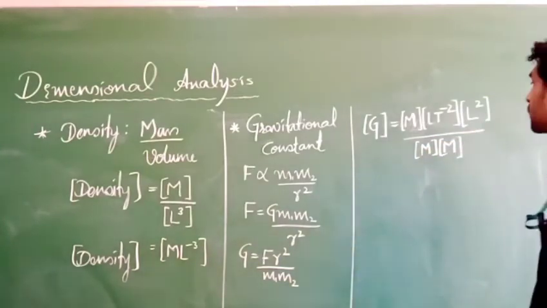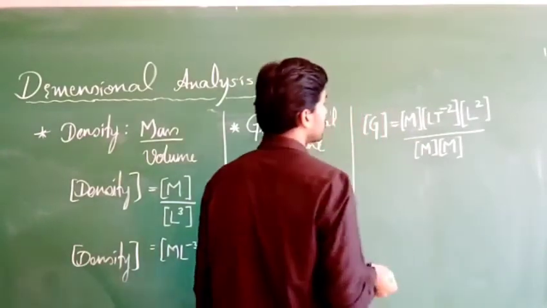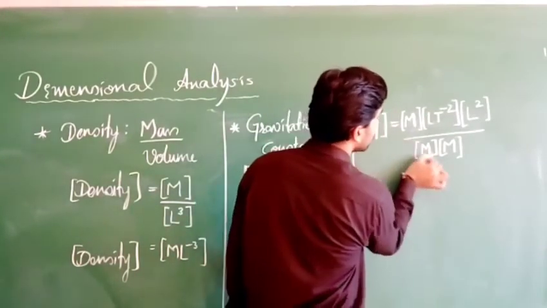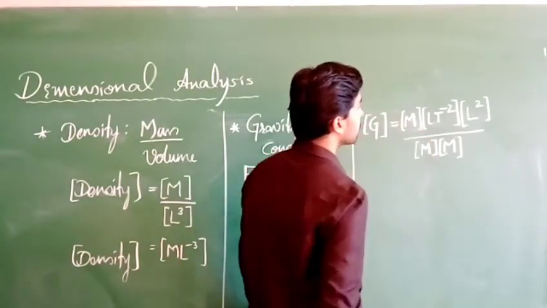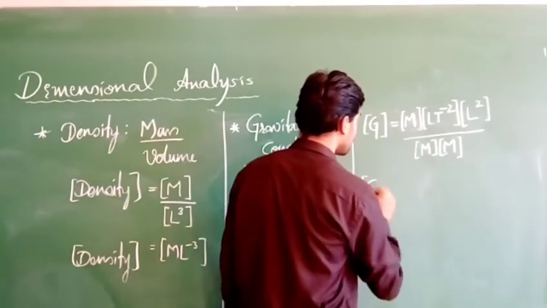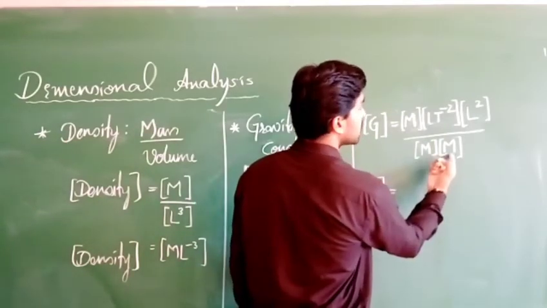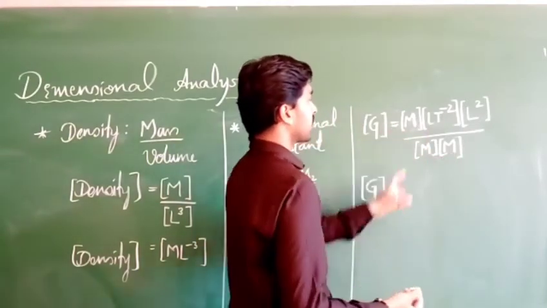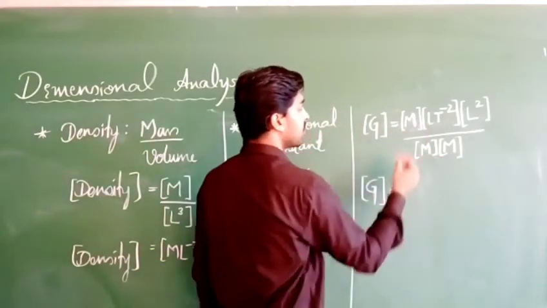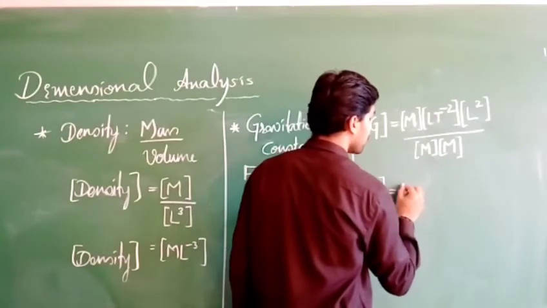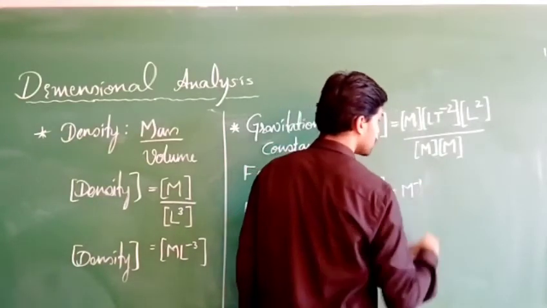Are you following? Now from this step, what all will get cancelled? Just check. Here M will get cancelled. So what can we write? The dimensional formula for G is, first of all, this M we can take to the numerator. If I take this M to the numerator, it will become M to the power minus 1.